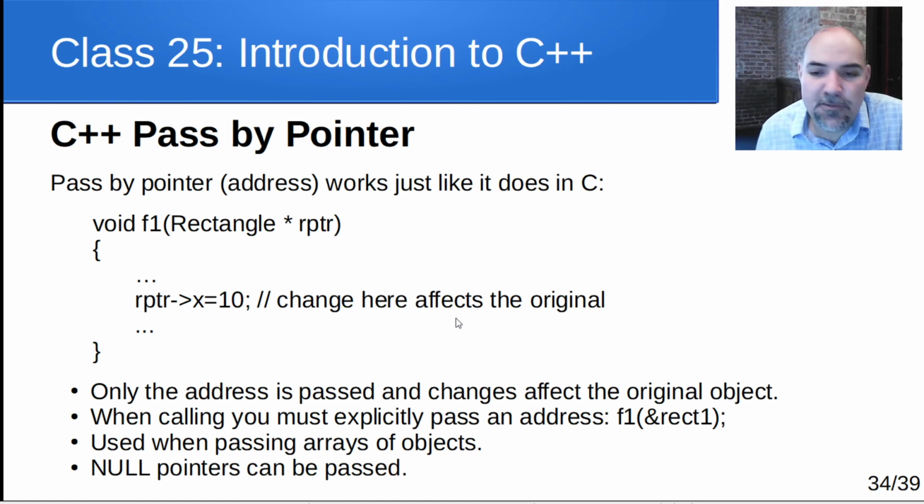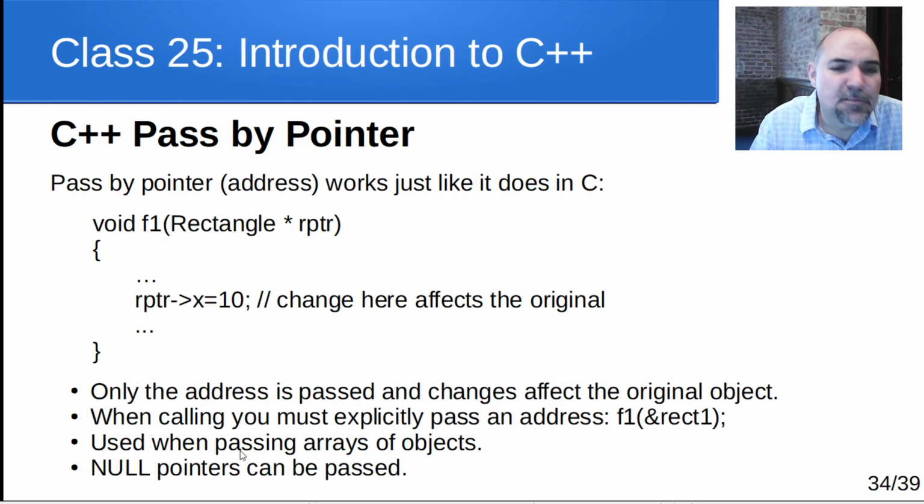And when you call that function, we have to explicitly pass the address of that object. Put the ampersand in front of it, because this is expecting an address of a rectangle. That's also used when we pass arrays of objects to functions, just like the same thing in C that you're used to. And you can pass in a null pointer if you want to say, I'm not passing anything for this parameter.